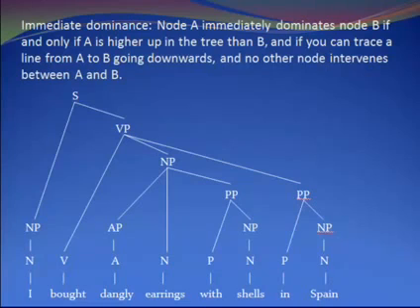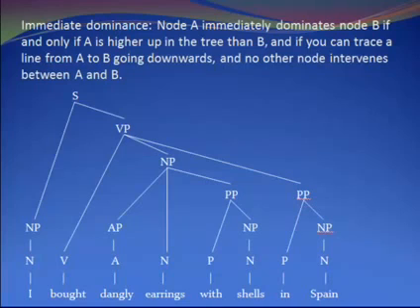Okay, well, what does that definition do? Well, we just said the PP node, the prepositional phrase, which stood for in Spain, dominates P and NP and N. Now, what does it immediately dominate?